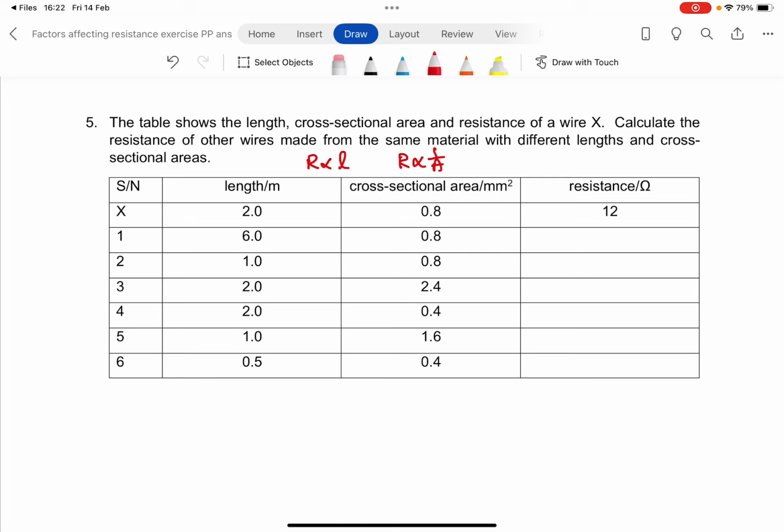Okay? So your original conductor is 12 ohms, right? So now we look at the first one. Length is 6 meters, which is 3 times, right? And area is the same, so no change. So your resistance will be 3 times the original, so it's 36 ohms.